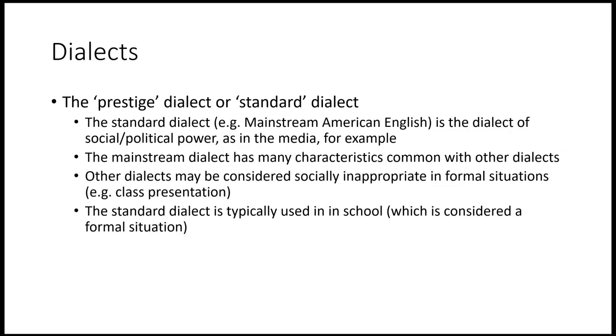Because the standard dialect is what's typically used in school, which is generally considered a formal situation. People might claim it's closest to the written version of the language, but as we've seen in a lot of places in this class, there's a lot of things about, say, how words are spelled that don't really reflect how they're produced, even in a clear pronunciation, even in a pronunciation that's used with a standard dialect or with a mainstream dialect.